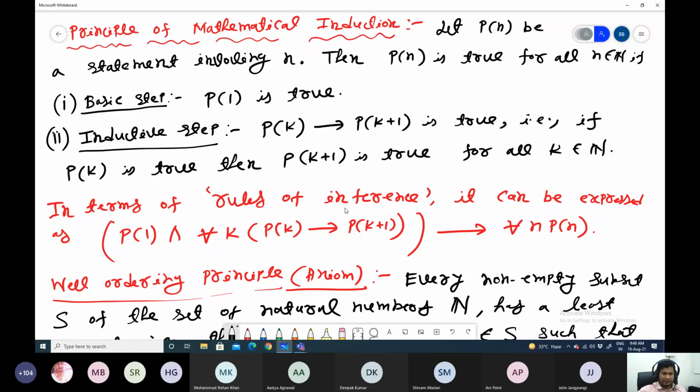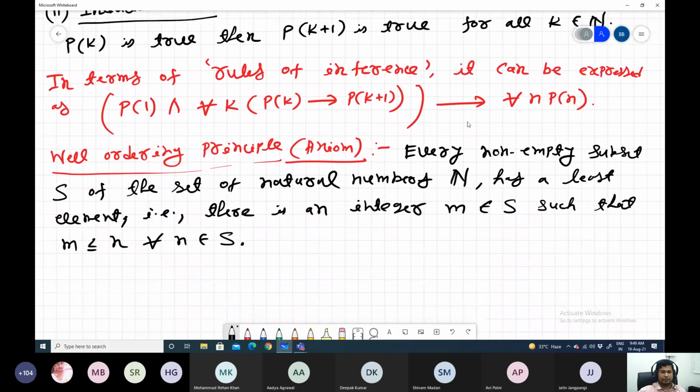So in that sense, this is also an axiom, because they are equivalent statements. If you treat the Euler ordering principle as an axiom, you can prove the principle of mathematical induction. Otherwise, if you assume the principle of mathematical induction as an axiom, you can prove the Euler ordering principle. But in general, people assume the Euler ordering principle as an axiom and prove the principle of mathematical induction. Here we will see the proof of both sides: the Euler ordering principle implies mathematical induction, and mathematical induction implies the Euler ordering principle. We will see both.